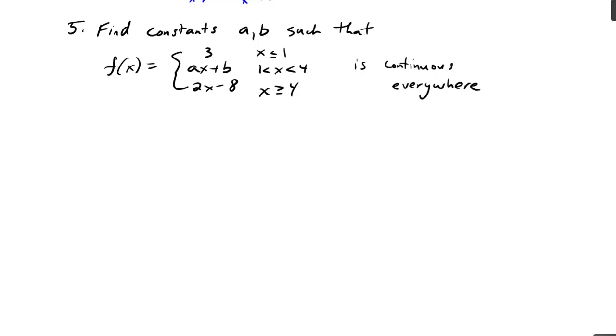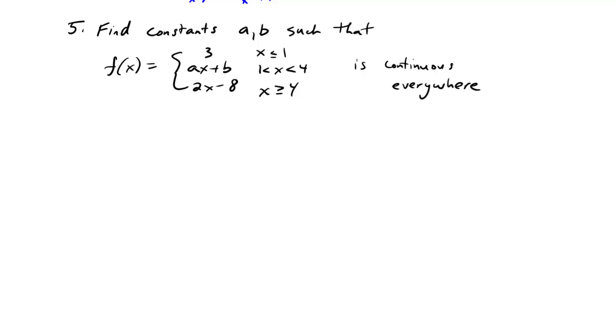Okay. Find constants a and b such that this piecewise function is continuous everywhere. Okay, so because each piece of this is just a linear function, I know that within each piece, I'm continuous.